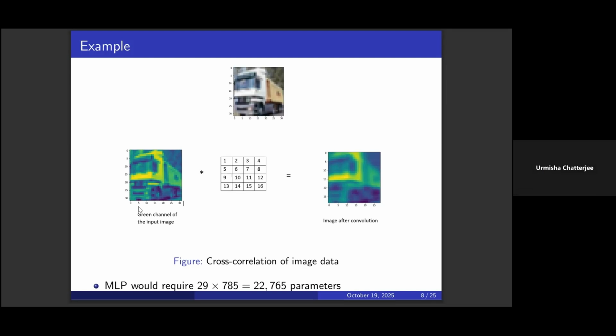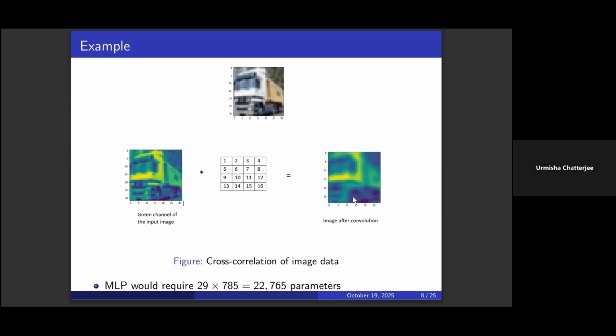So this is actually a 29 by 29 pixel image. Now, if we had done the same thing with a multi-layer perceptron, that means for 29 by 29 pixels, for one hidden representation we would have required 785 parameters. Suppose we wanted a 29 dimensional hidden layer representation, then we would have required 22,765 parameters.